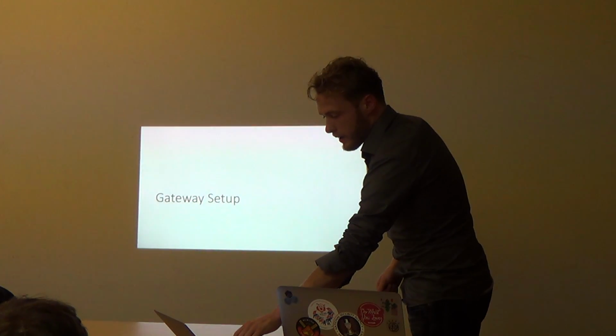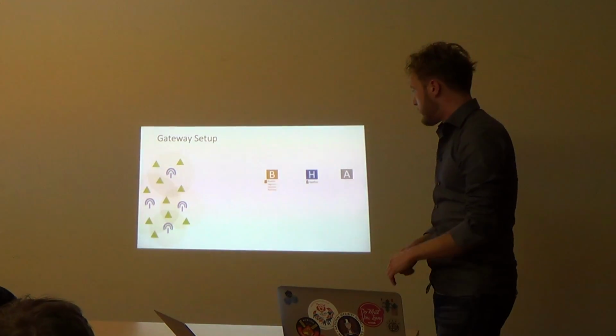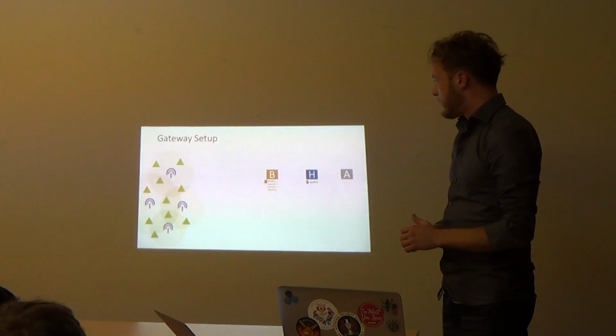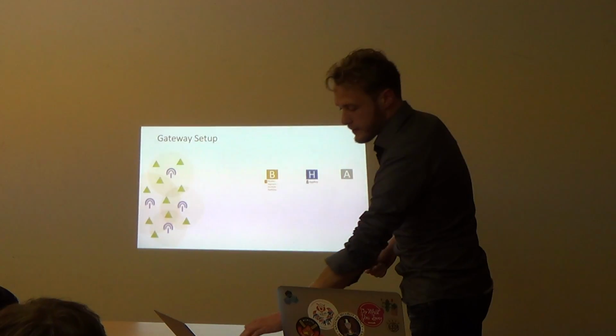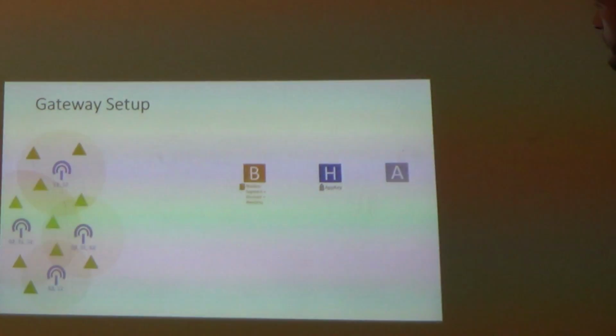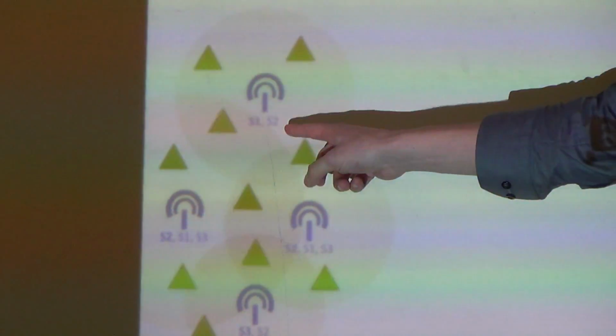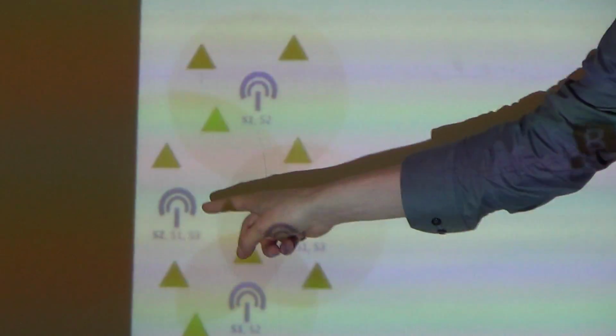Gateway setup. The gateways on the left have a unique address, and we also place them in segments. What you see here is S1 and S2, and S1 is bold, it's the primary segment.